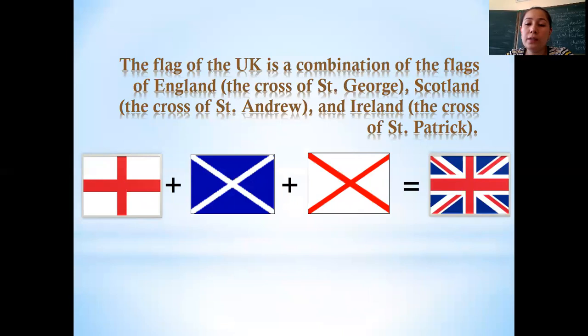And here, dear students, you can see these three flags in one Union flag. The flag of the UK is a combination of the flags of England, Scotland, and the island, Northern Ireland also, and that is why we call it the Union flag or Union Jack.